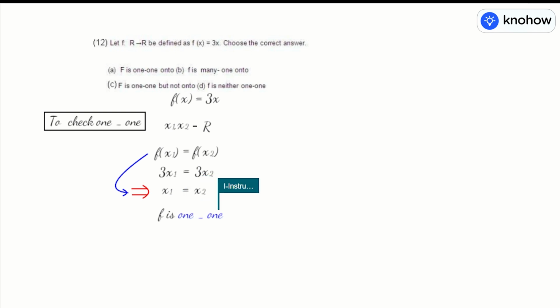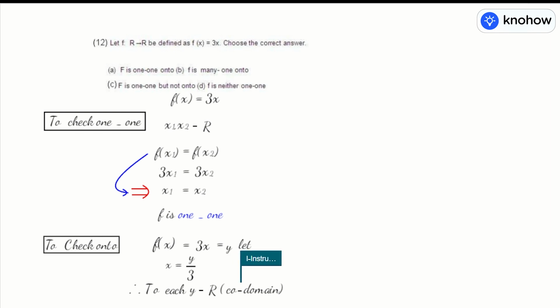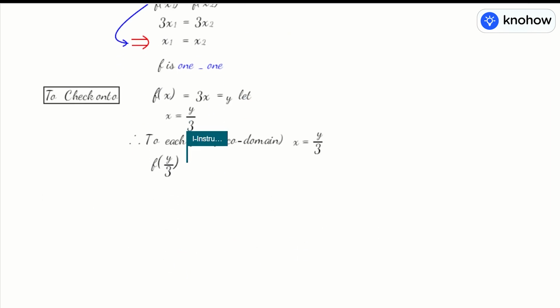And now again to check onto. f(x) equal to 3x equal to y, let y be a real number in the codomain. And what is the value of x? Then y by 3. Hence, to each real number y in the codomain, we can have a value of x equal to y by 3, such that f of y by 3, because what is the definition of f(x)? 3x, so f of y by 3 will be 3 times y by 3, that is y.